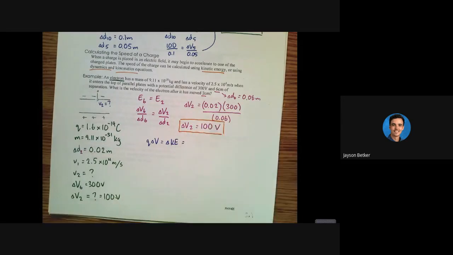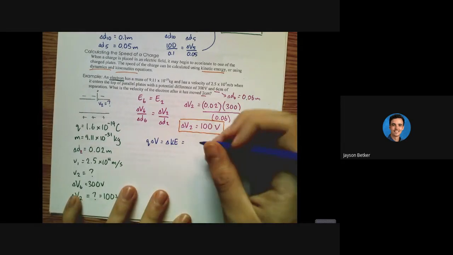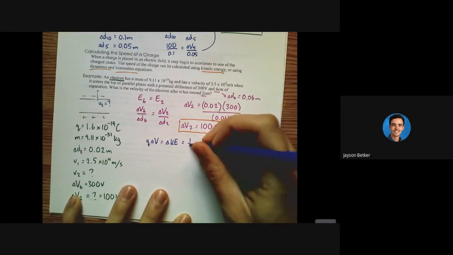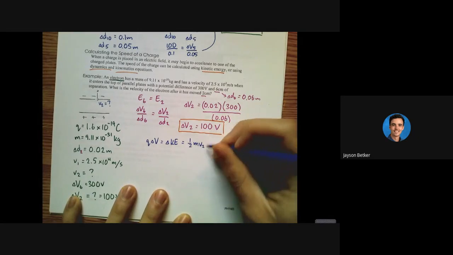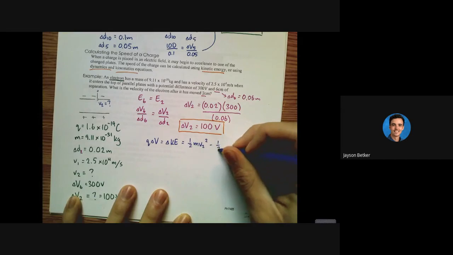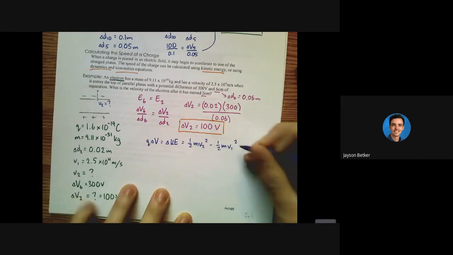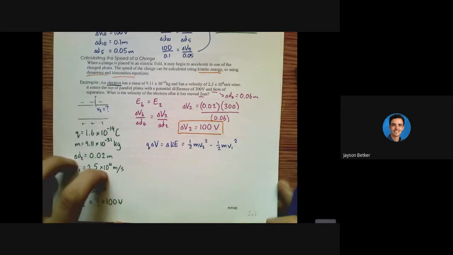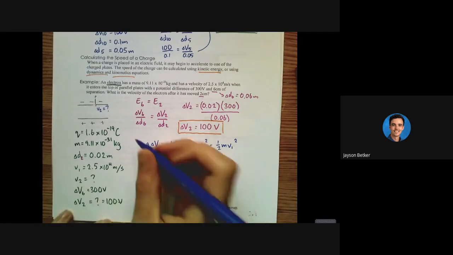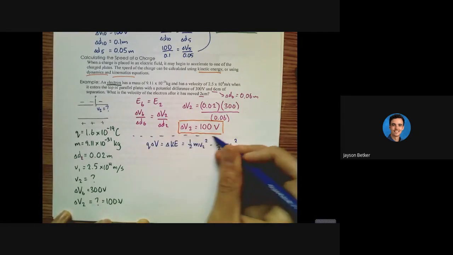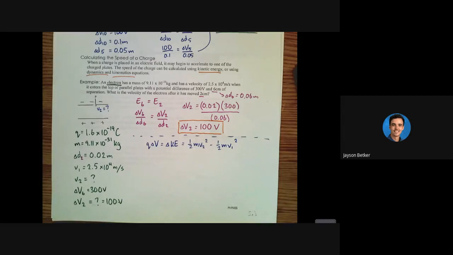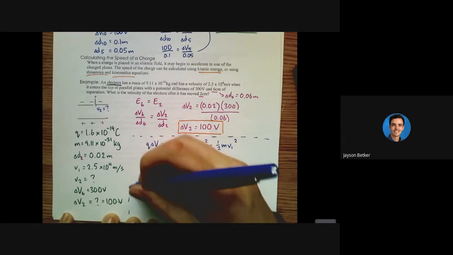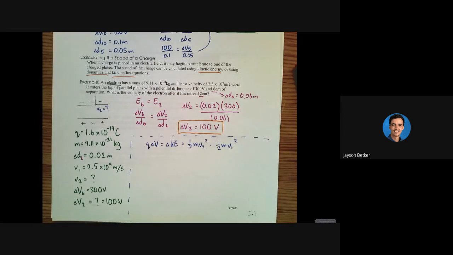Now, just to be a little bit more straightforward, change in kinetic energy is 1/2 mv2 squared minus 1/2 mv1 squared, or F's and I's, right? Initial and final. Just put a little dotted line here so we don't get confused. Okay, so we're almost there. Now all we need to do is solve for V2, right?